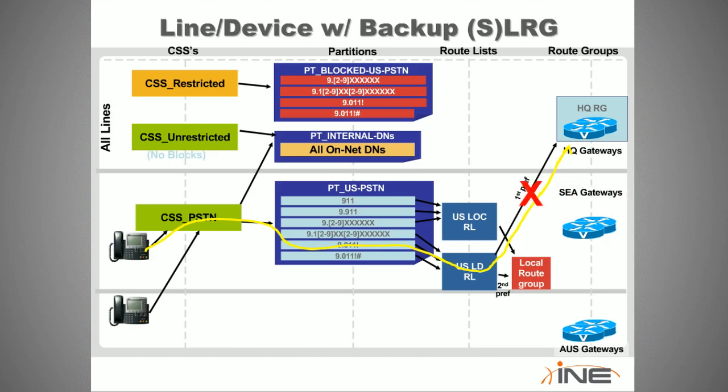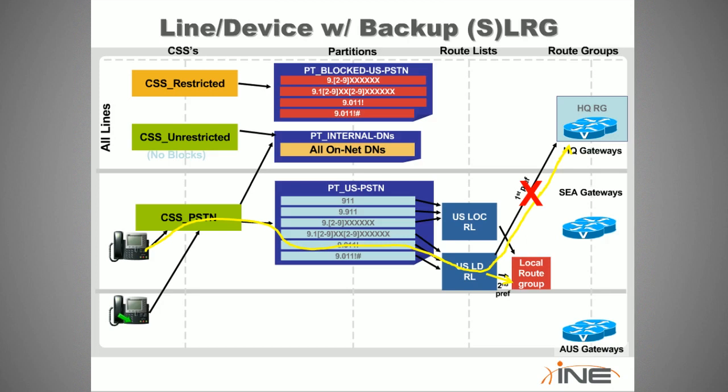But then, maybe the WAN's down. If the WAN's down, then we're going to choose our second option, which will route to standard local route group. And then we still have site-specific local failover for each of the 1,000 sites. For all the 1,000 sites, long distance and international always route across the WAN up to headquarters.